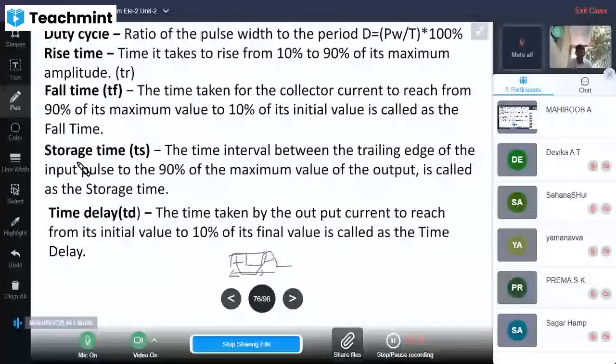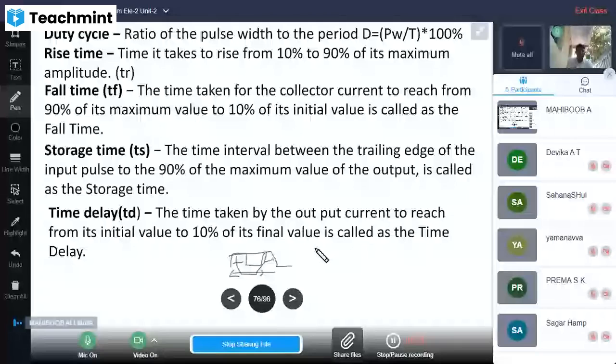Storage time is the time interval between the trailing edge of the input pulse to the 90% of the maximum value of the output. The time delay, TD, is the time taken by the output current to reach from its initial value to 10% of its final value.